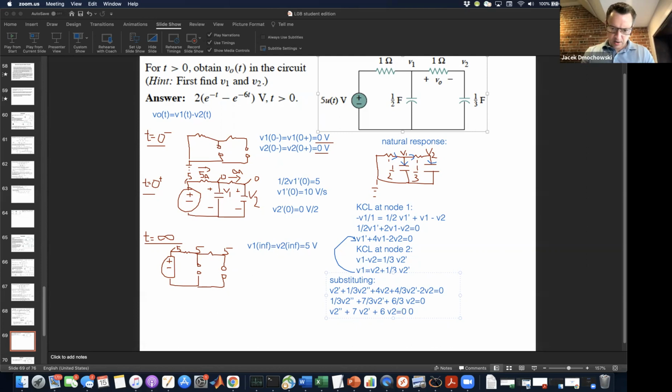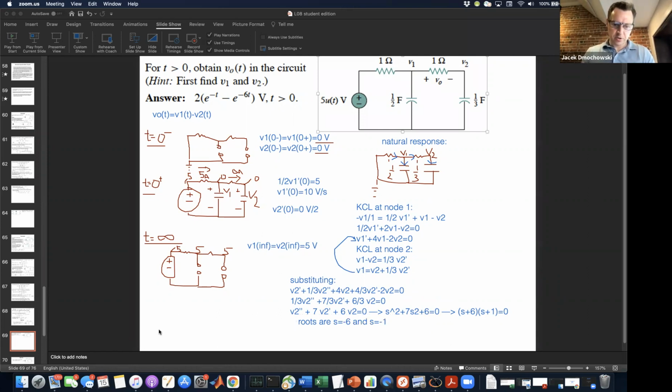And so your characteristic polynomial is s squared plus 7s plus 6 is equal to 0, which means that (s plus 6) times (s plus 1) is equal to 0. And so your roots here are s equals minus 6 and s equals minus 1.